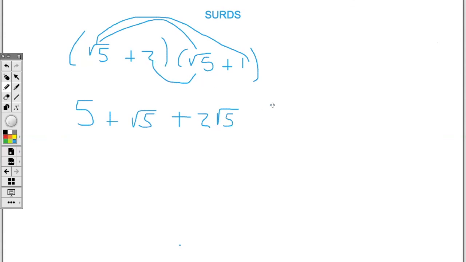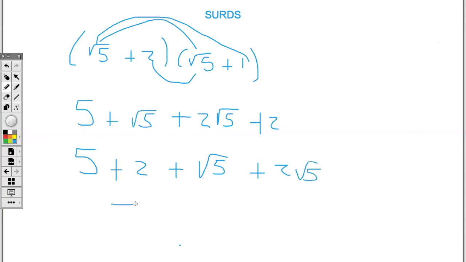And 2 times 1 to give us 2. Now, before I go ahead and add, let me group the 5 and the 2 together. So I have 5 plus 2, and I have root 5 plus 2 root 5. So 5 plus 2, that gives us 7. Remember, this is like a 1, so 1 plus 2 to give us 3 root 5.